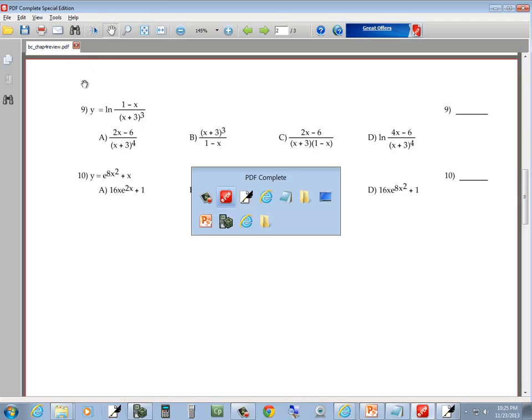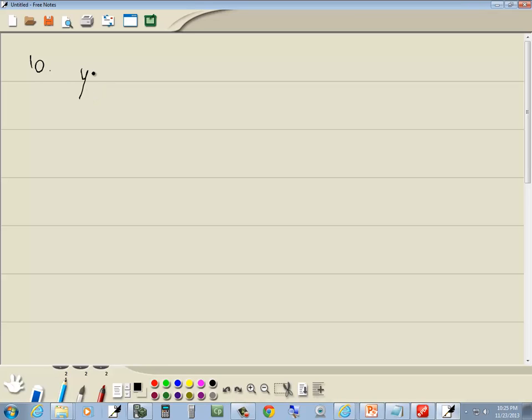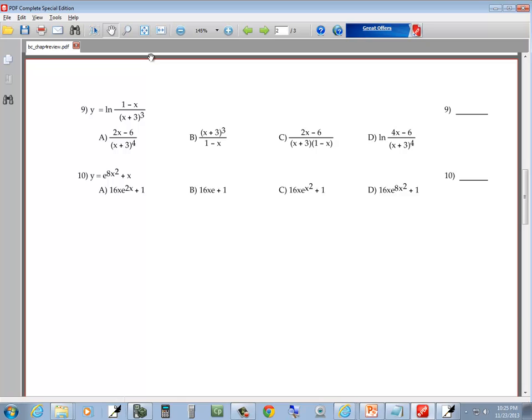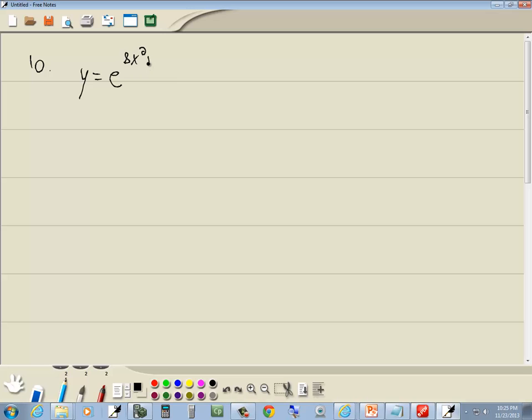We got y equals e to the 8x squared plus x. Okay, find derivative. Derivative of e to the power is e to the power times the derivative of the power. So times the derivative of 8x squared plus x.